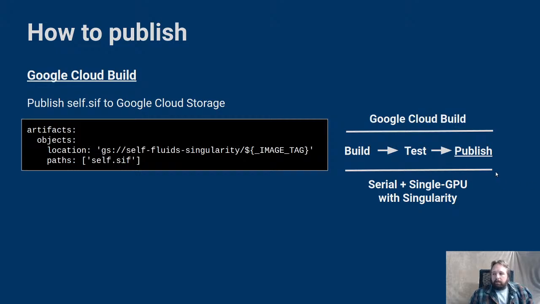And the way you do that is by just using a block that looks like this, where you have artifacts. And then we list out the objects there, so we want the location where we want to push that to. And I'll explain when we get into that file what this looks like here, but essentially it's a Google Cloud Storage bucket. This is the name of a bucket we're using for our application. And then the path is the path of the local file in the Cloud Build environment that we want to push up to the bucket.